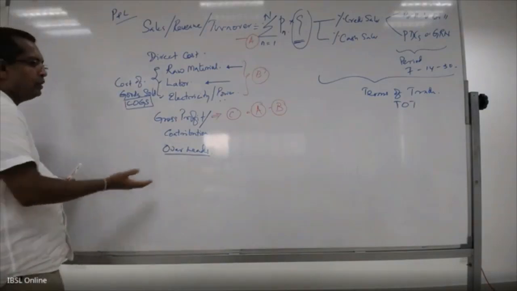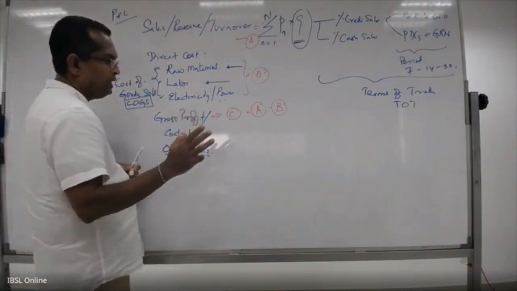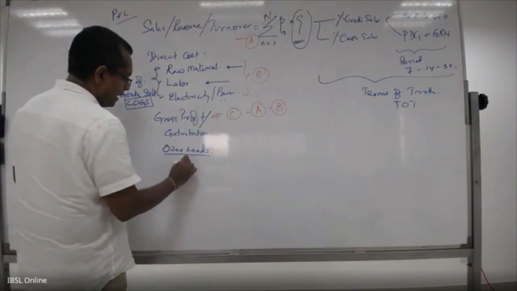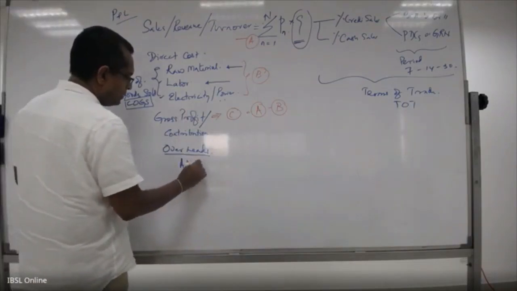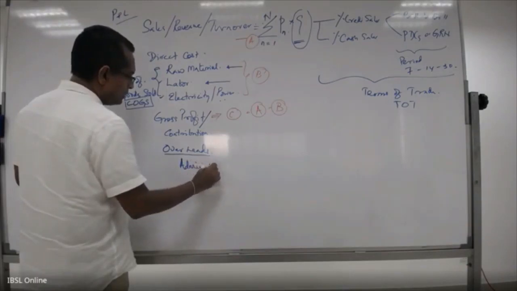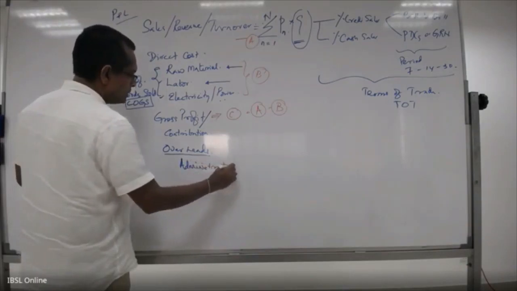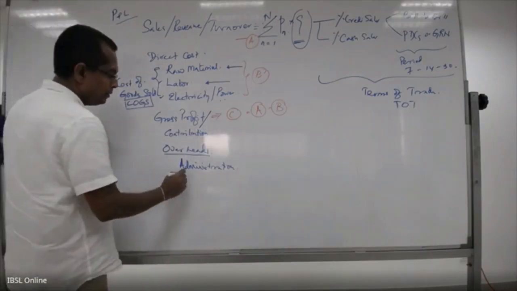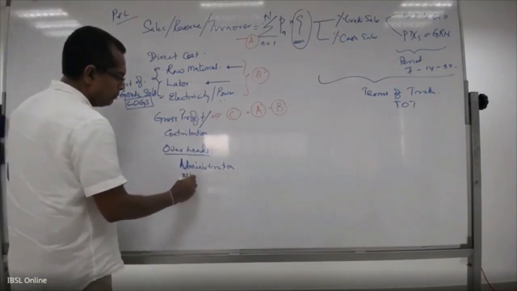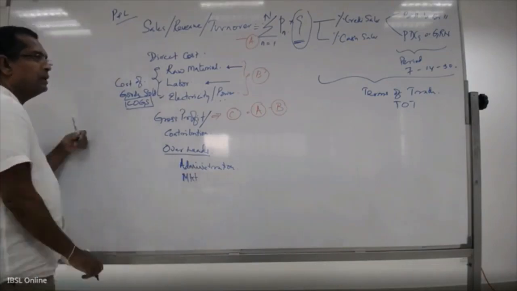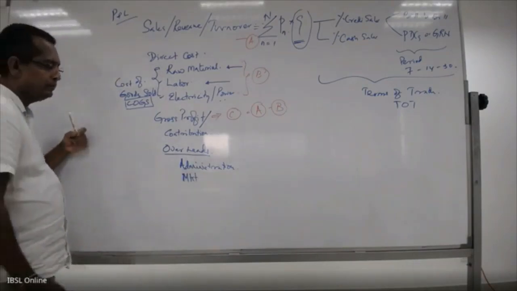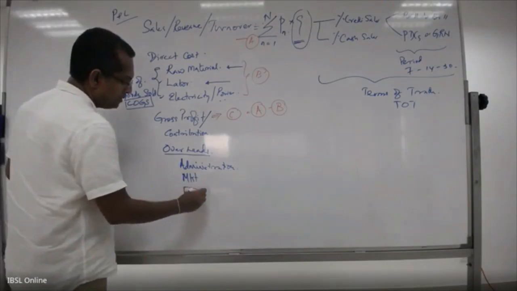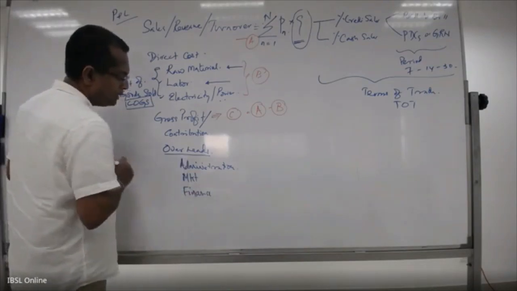Overhead cost we categorize into three items: administration overhead, marketing overhead or sales overhead, and finance overhead.